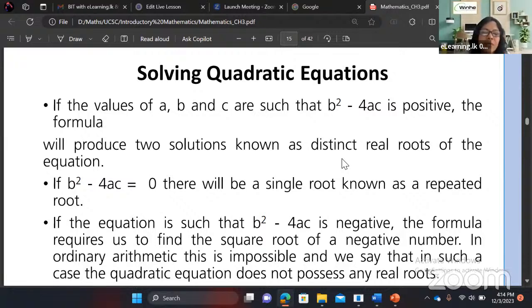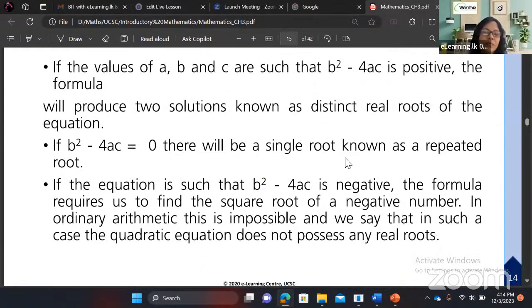If it is negative, then we say the roots are not real. If b squared minus 4ac is less than 0, or else if it is negative, we say the roots of that equation are not real.